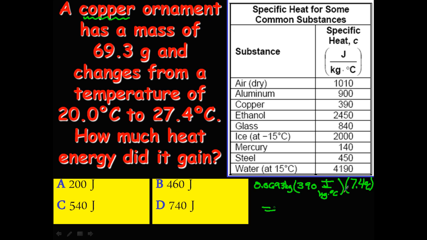I forgot to bring up my handy-dandy little computer calculator. Times 390 times 7.4. And that equals about 200. So the answer is A.